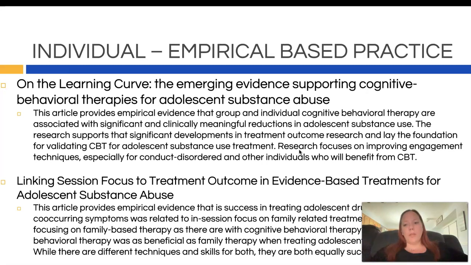For my empirical-based practice, the first article that I used was On the Learning Curve, the emerging evidence supporting cognitive behavioral therapies for adolescent substance abuse. So this article essentially provided empirical evidence that group and individual cognitive behavioral therapy was associated with significant and clinically meaningful reductions in adolescent substance use.